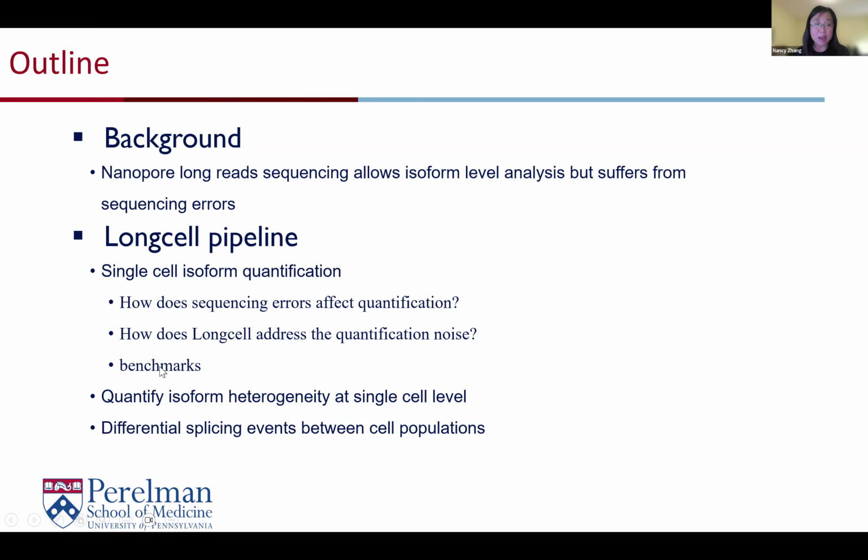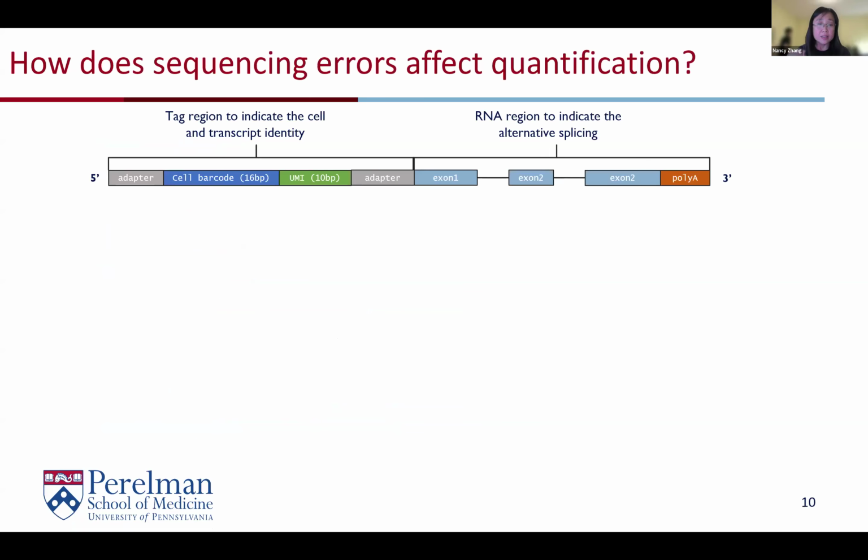Then I'm going to show you some benchmarks. Then we are going to look specifically at what I think is a very statistical problem: how to quantify isoform heterogeneity at the single cell level. And then the second statistical problem, which is how to do differential splicing detection between cell populations.